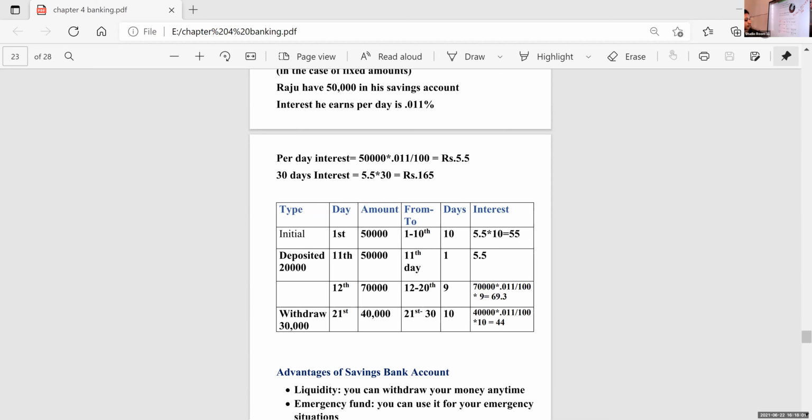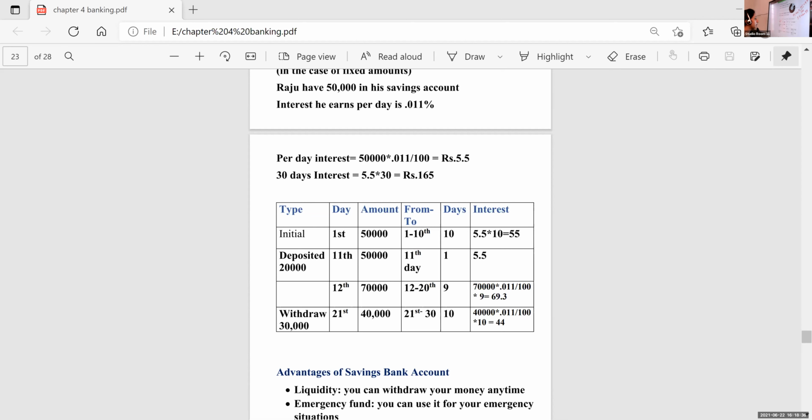Any doubt here? That is for one day, and for 10 days my amount was fixed. So for 10 days, 5.5 into 10 is equal to 55 rupees. For 10 days, I got 55 rupees. This step is clear? Okay?